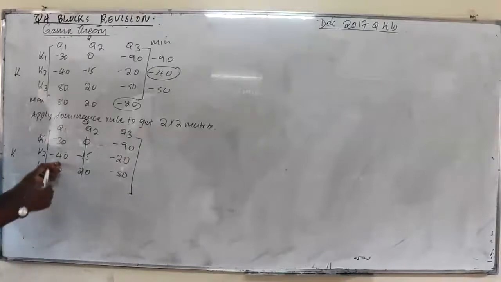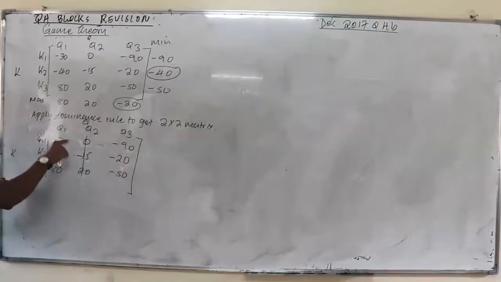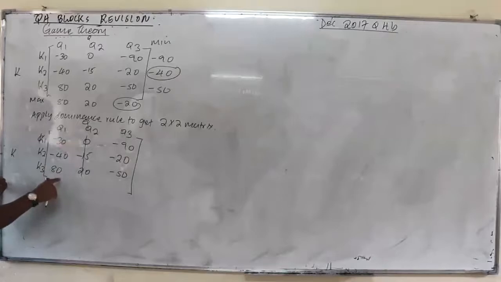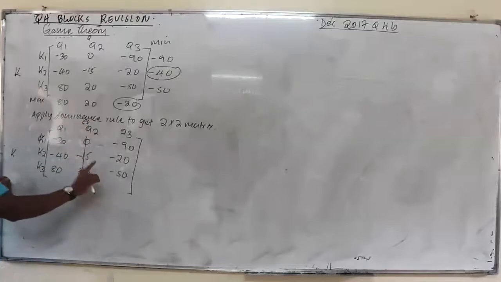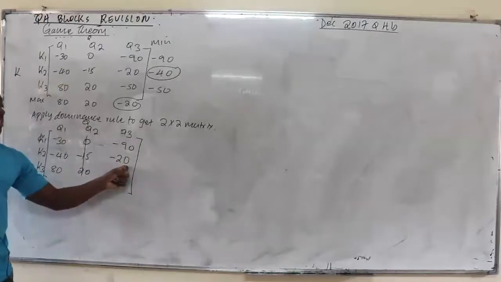Then you apply across the row. Negative 40 is less than negative 30. Negative 40 is less than 80. So that one has been dominated, so don't consider that. Consider this now. Is negative 20 less than negative 90?